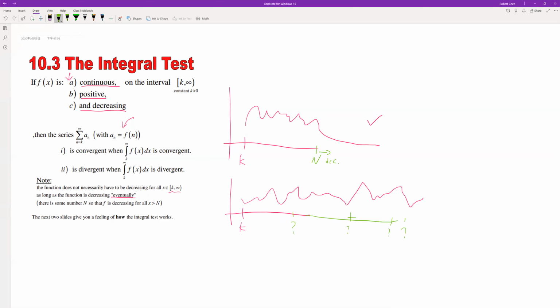So in this case, we can use the integral test for the first example, but not the second one. Next we have a few example slides that give us a good idea of how the integral test is working.